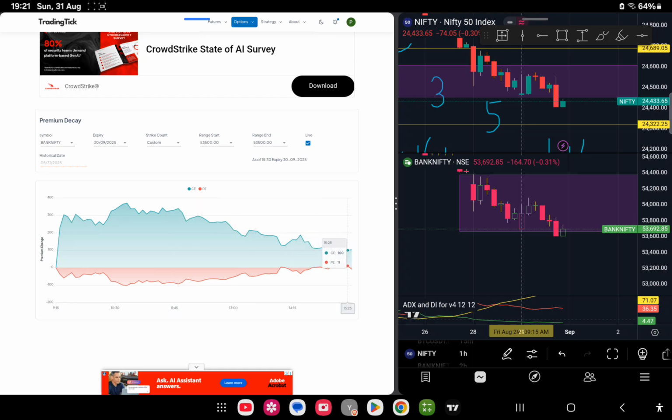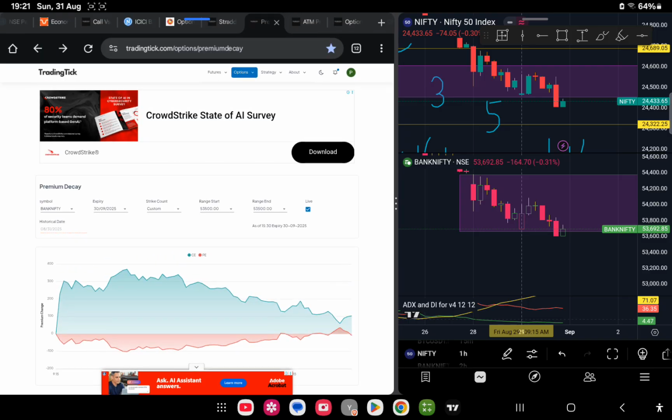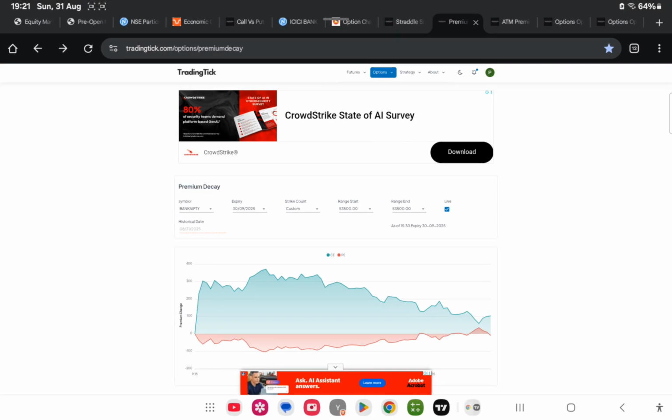At the end buyers were winning. So this is how you check the difference between each strike. From the seller's point of view, you can take this as a long straddle as well as a short straddle, both would work because they are inversely proportional. So it's easy to calculate the results.